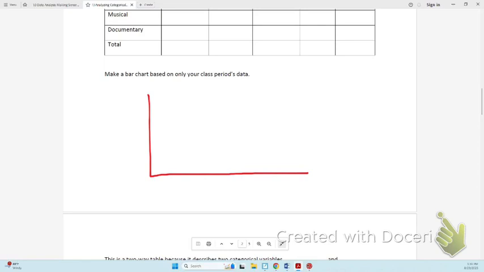So what you do is you first title it. So first period, preferred movie genre. At the bottom, we're going to put the movie genres. And if you write out the whole word, it takes up a lot of space.